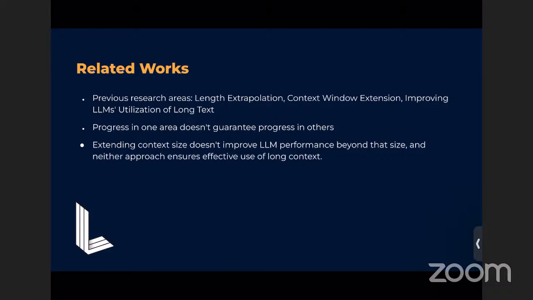And the final research area that I'm going to discuss here is improving LLMs' utilization of long text. This involves using LLMs to make the best use of the information in those long texts. But this is still a challenge, and more work is needed to achieve this effectively.